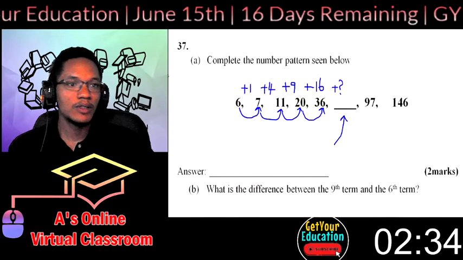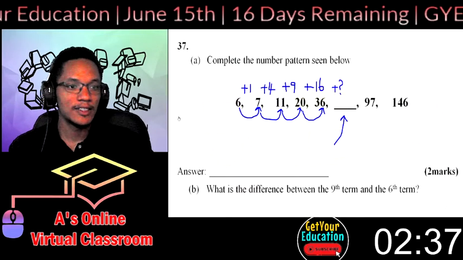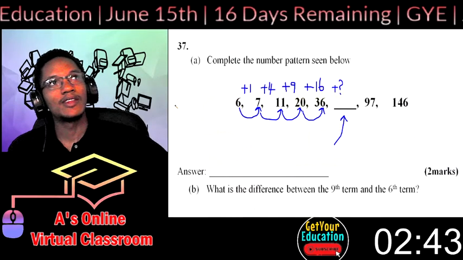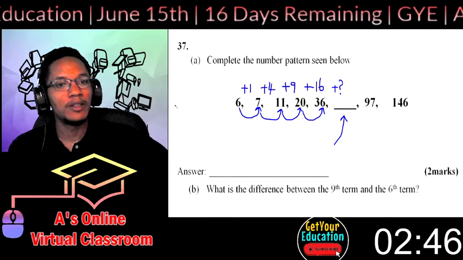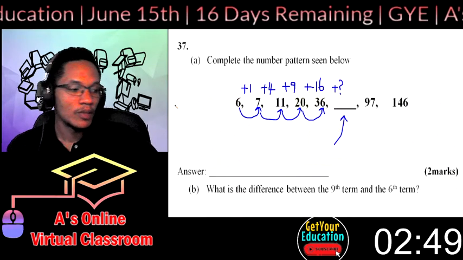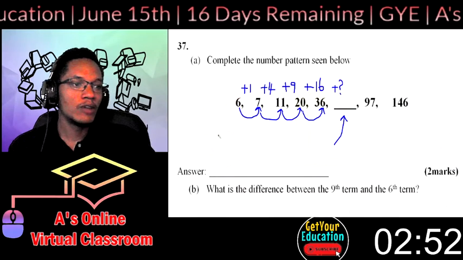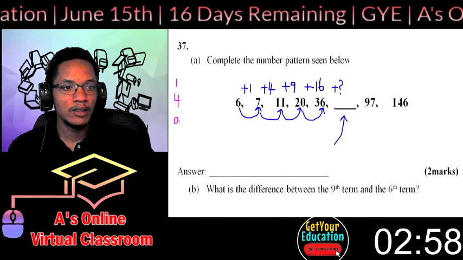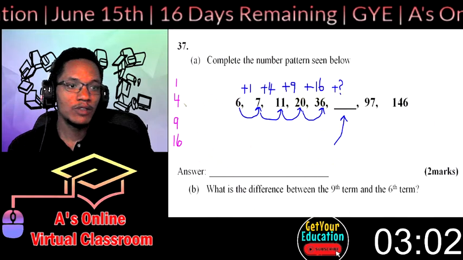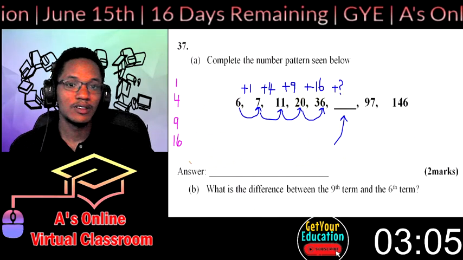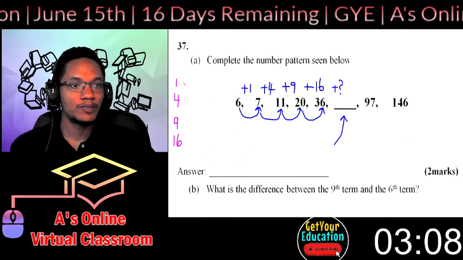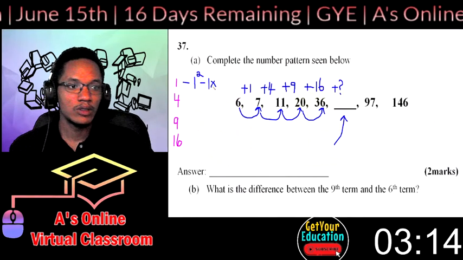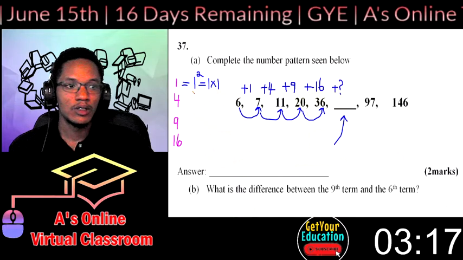A couple things, and I really want you all to pay attention to this because this topic comes up in many different parts of your SEA. We have certain numbers that we need to recognize. 1, 4, 9, 16. All of these are square numbers. So what is a square number? If we take 1 and we square it, which is 1 times 1, you get 1.